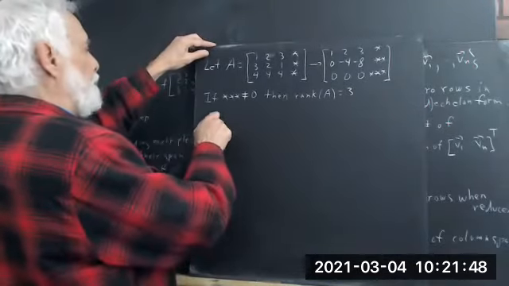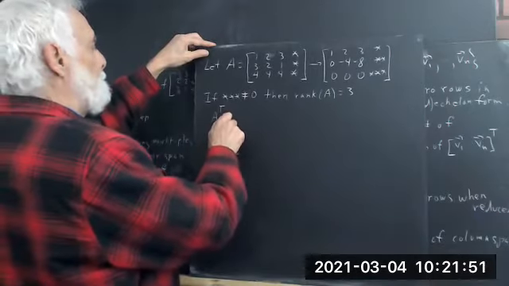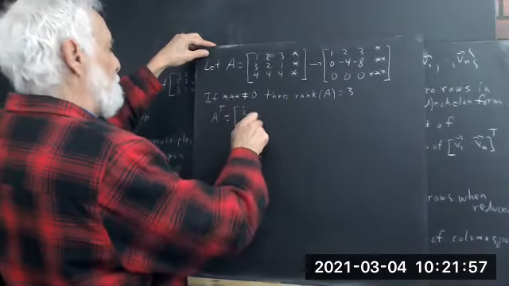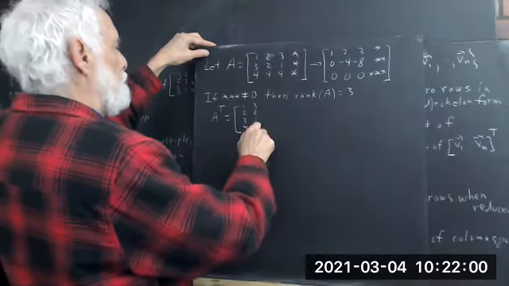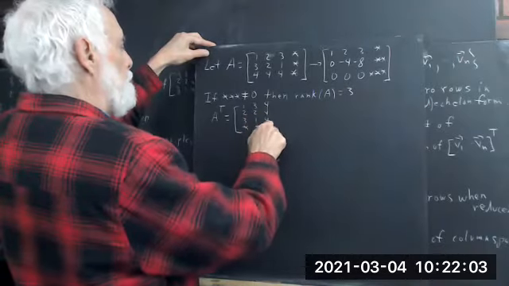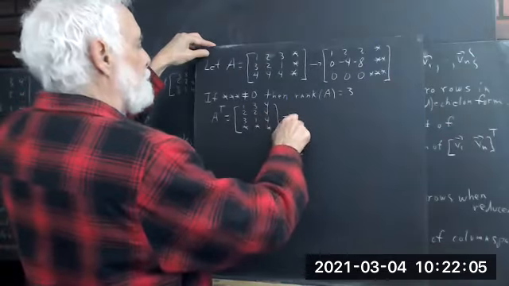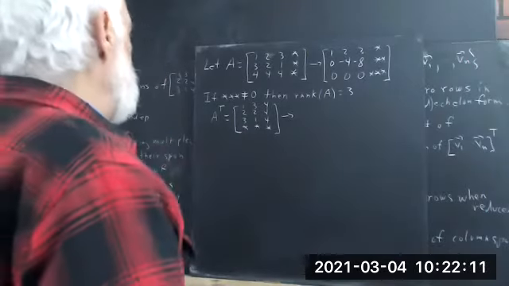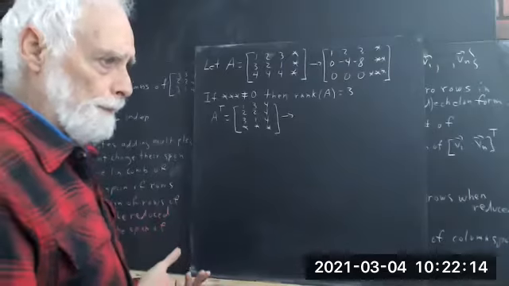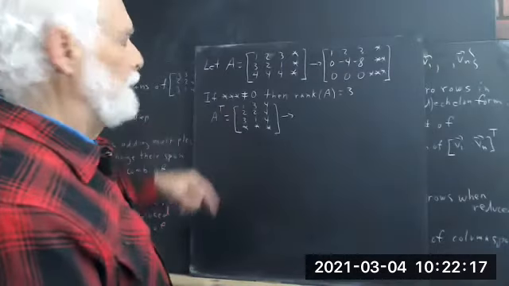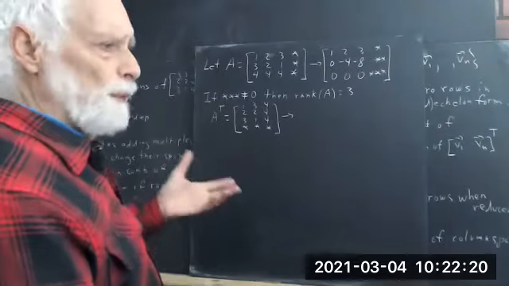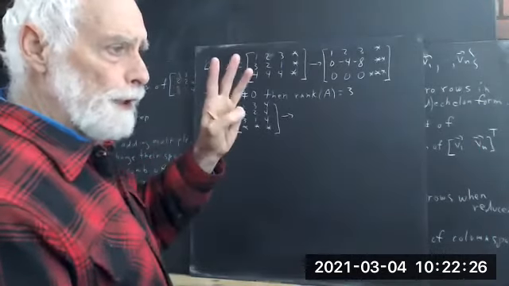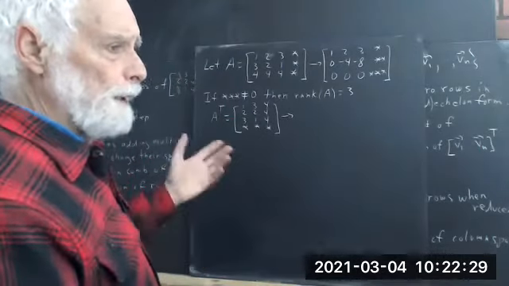Okay, then now A transpose, okay, here it is. And of course, we know automatically that whatever 3 rows we have here, when we end up reducing this, because this represents 4 equations in three unknowns, we're going to end up with a row of zeros.